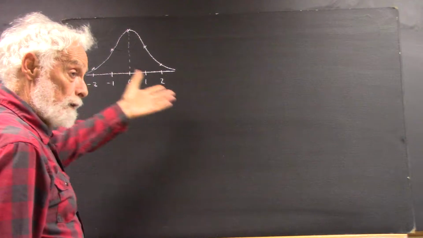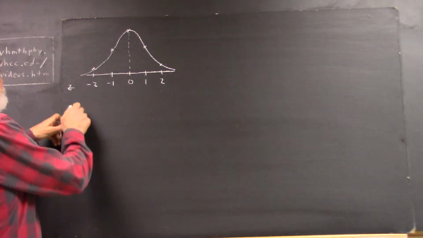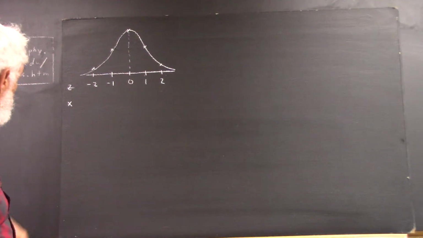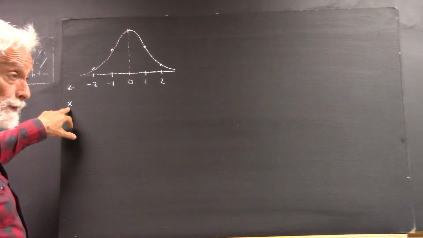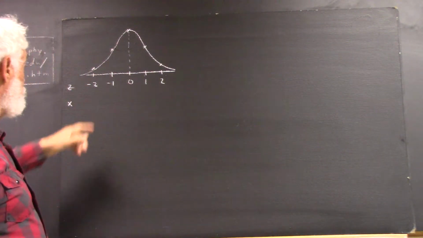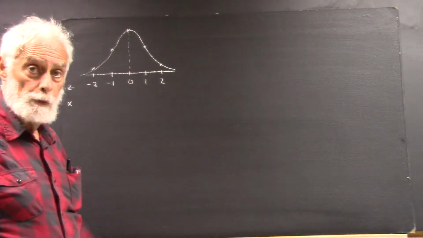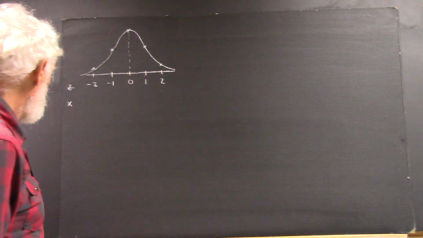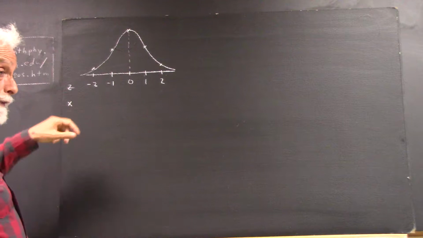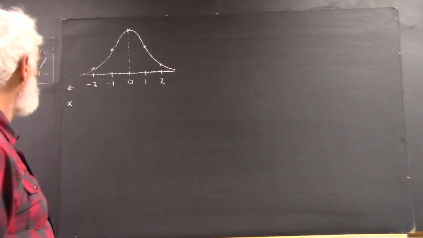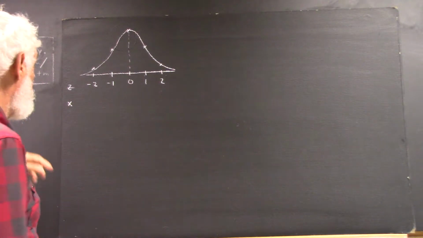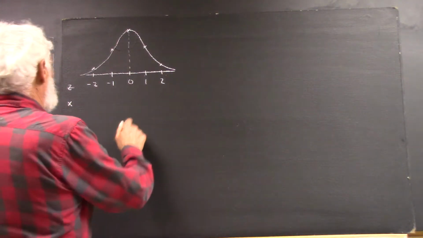Now often on a normal curve, we're using it to represent some other quantity, x. And what it really represents is probabilities that z will lie in various regions of this curve, and that would correspond to probabilities that x lies within various regions of the curve.